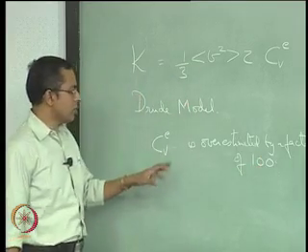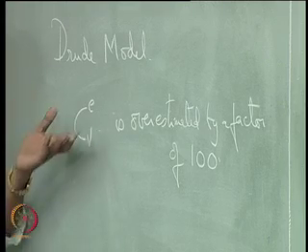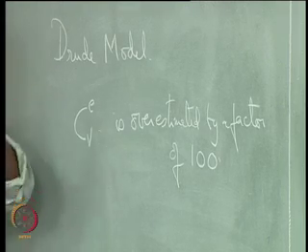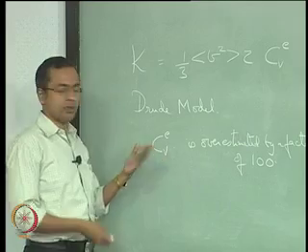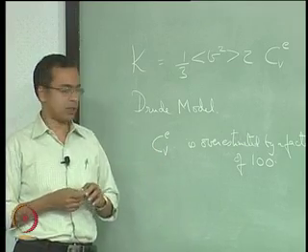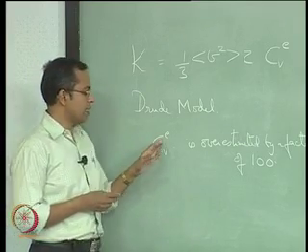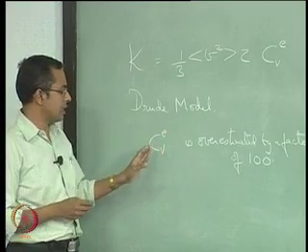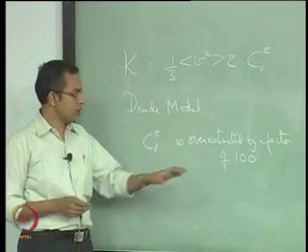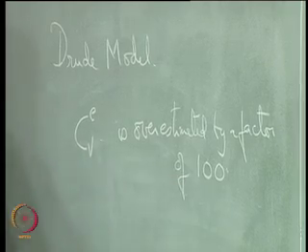People have been able to do other experiments, and you can measure specific heat at lower and lower temperatures where the contribution to the specific heat is mostly due to the electrons present, and it turns out that the electronic contribution to the specific heat as estimated through this theory works out to be 100 times more than what it actually is.